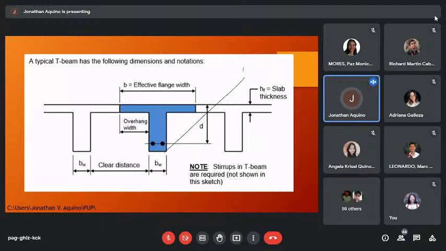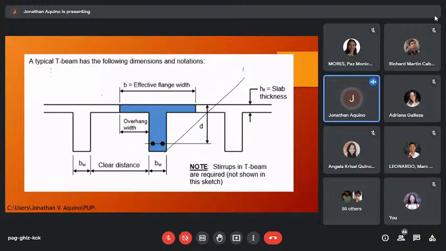Halimbawa, meron tayong typical flooring, okay? So yung typical framing plan natin. So if you are going to consider this beam, ito yung span length niya. Ito yung L. So this span length is the clear distance. Okay, kunyari, lagyan natin para realistic siya. Okay.